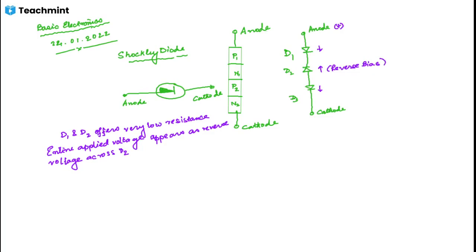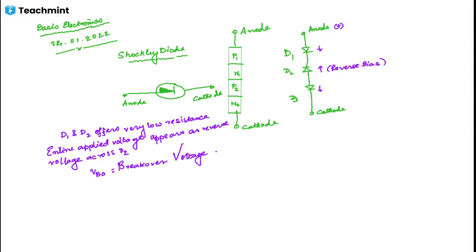At some forward voltage, which is called the breakover voltage, referred to as VBO, reverse breakdown of D2 occurs.